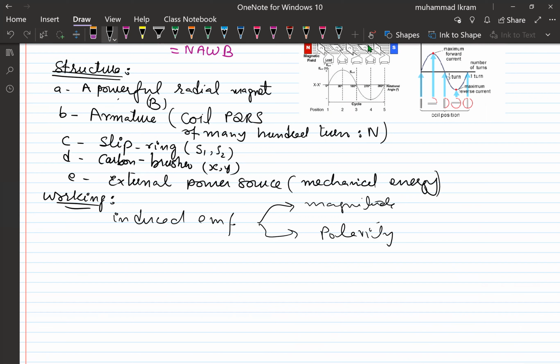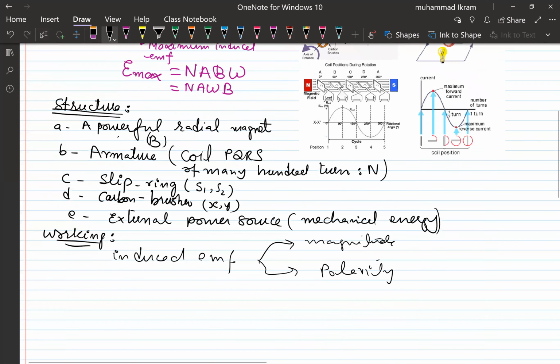The magnitude and the polarity of the induced EMF change in time. They change in time. This is why it is called alternating current, whose direction changes many times in a second.